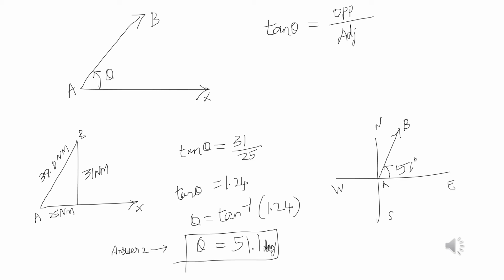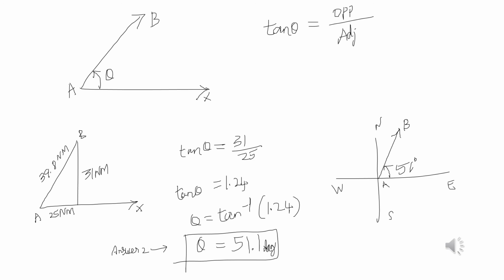Tan theta is the simplest formula to find the direction: tan theta equals opposite by adjacent, so theta equals tan inverse of opposite by adjacent. As we know, the opposite is 31 nautical miles and the adjacent is 25 nautical miles. Taking the ratio of these, we get tan theta equal to 1.24, and theta equals tan inverse of 1.24, which gives you 51.1 degrees.